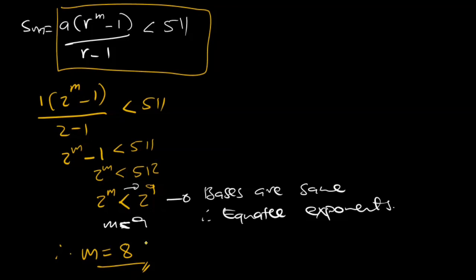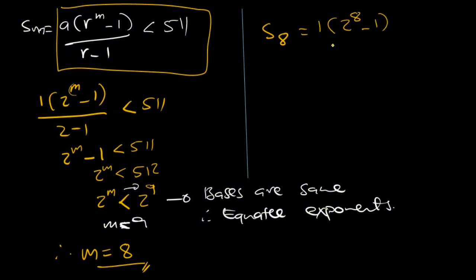Meaning, if you say S8, right? So this will be 1 times 2 exponent 8 minus 1 over 2 minus 1, which is equal to 256 minus 1.